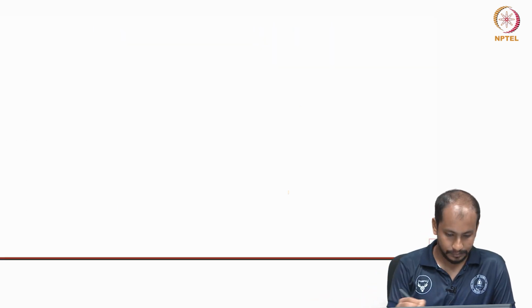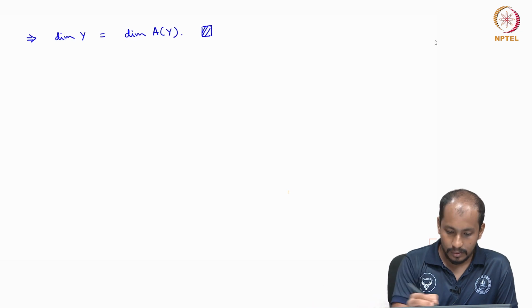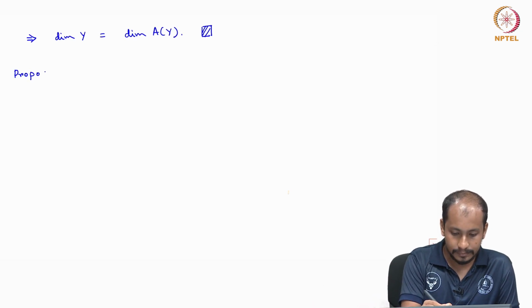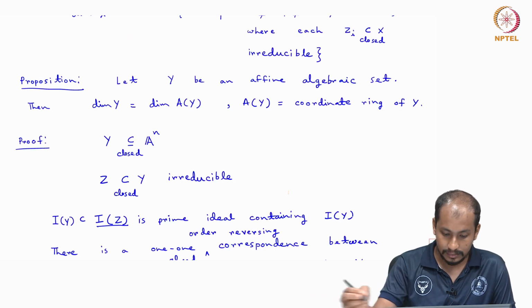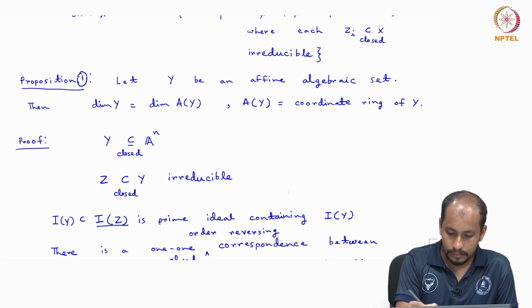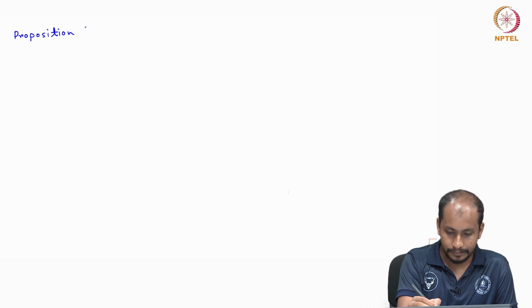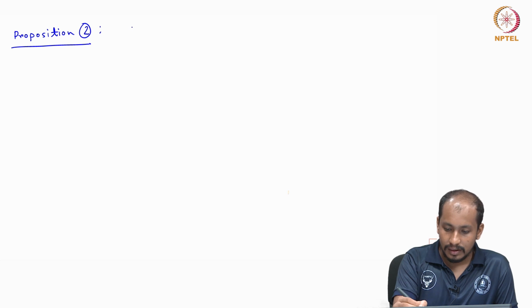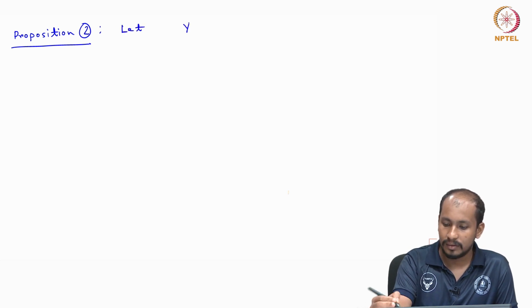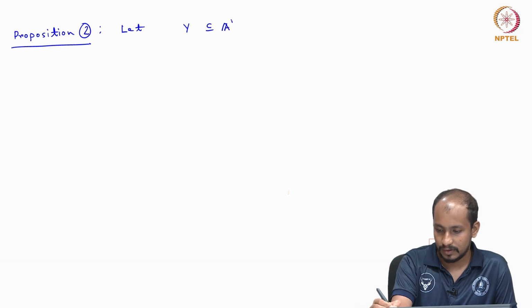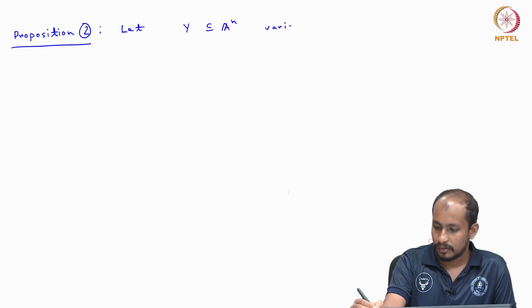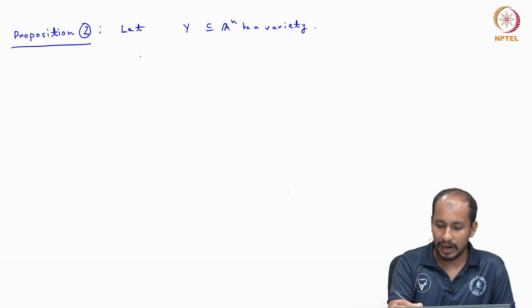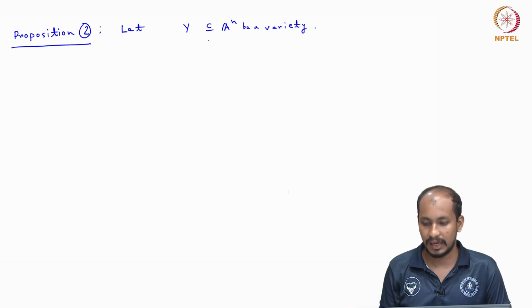Now, the next one, proposition 2. Let Y be a variety inside A^n, meaning Y is an irreducible closed subset of A^n.